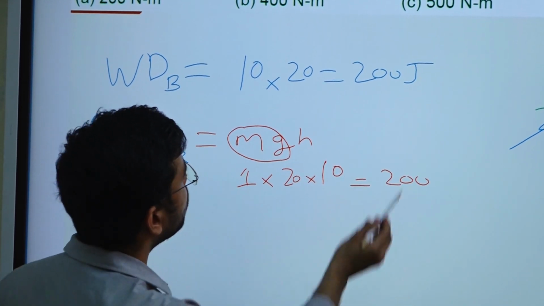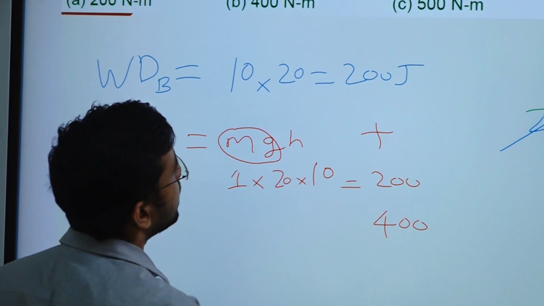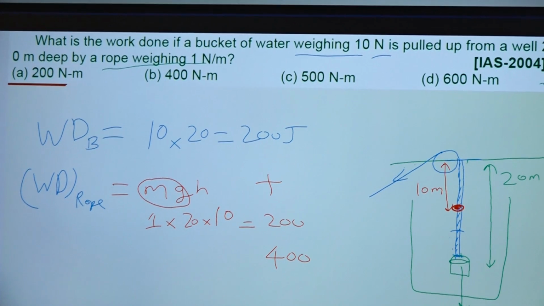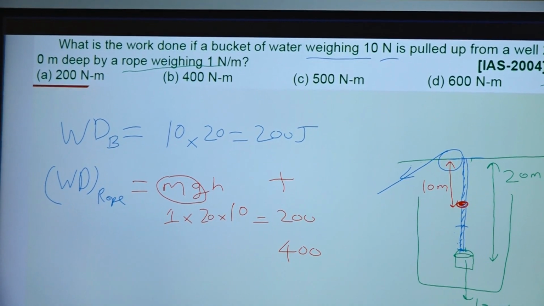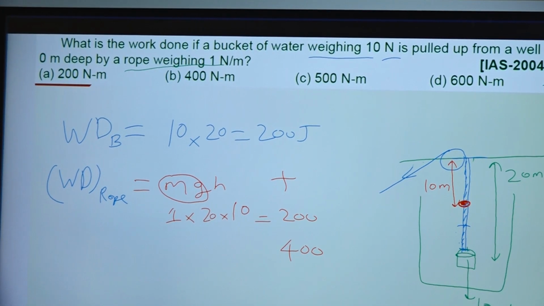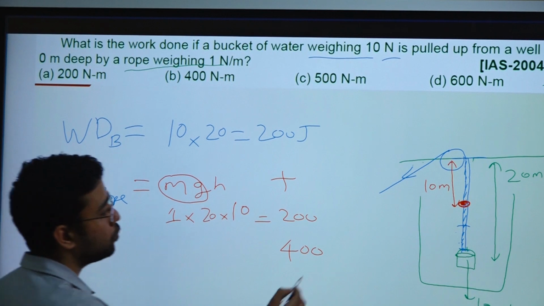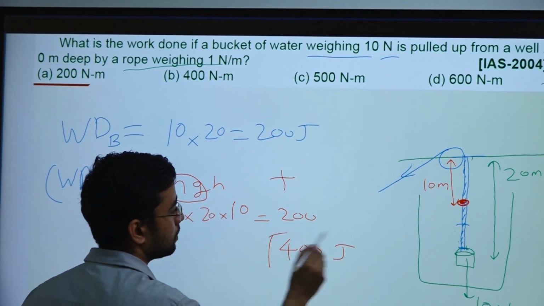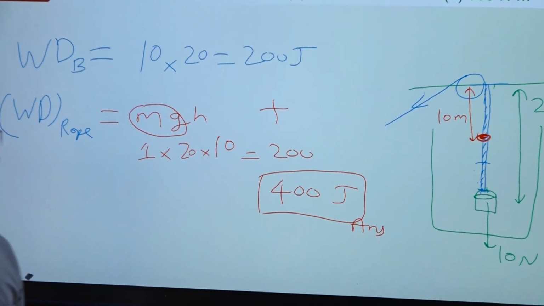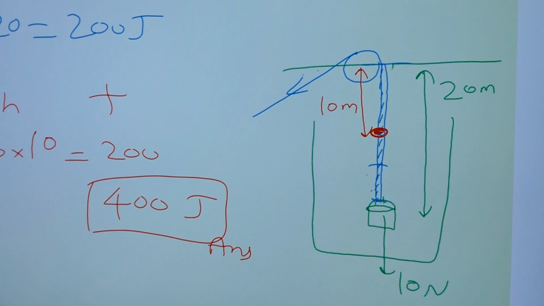So 200 and 200 become 400. That should be the answer. So 400 joule will be the answer. Here you can use the center of mass. Now let us move to the next numerical.